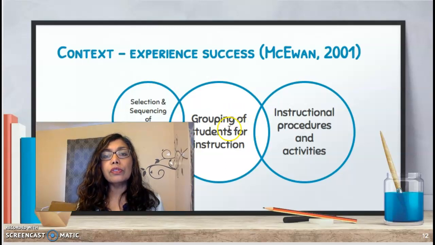So how you group your students is also important. The procedures and activities: you're familiar with Orton-Gillingham. Some of you felt like, will the student who's an older student be engaged in reviewing those sounds? It all depends on how you present it. So that's what context is: how are you setting up the instruction?